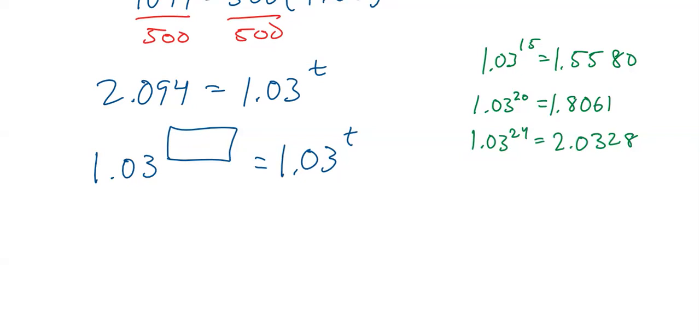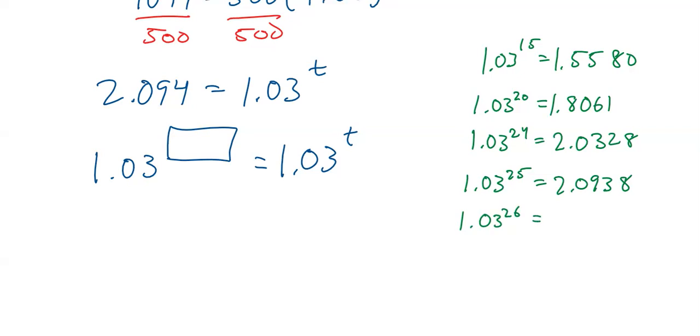That's a lot closer to 2.094. We may be able to get closer, we may not. So we're just going to keep trying. So I'm going to try 25. And I'm going to try 26. That got closer, so I'm going to try 26 again.